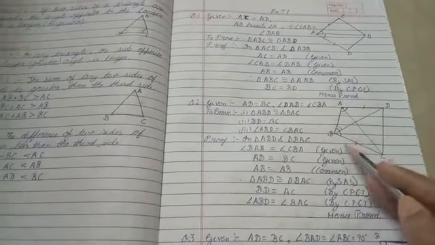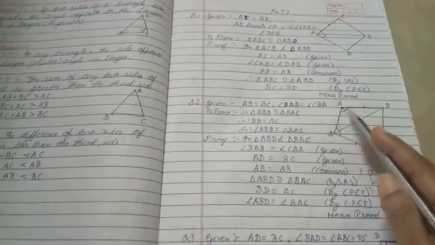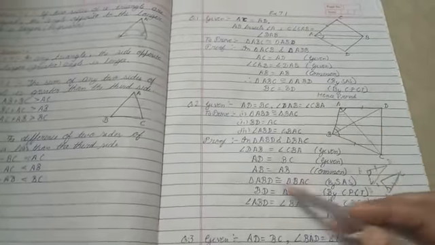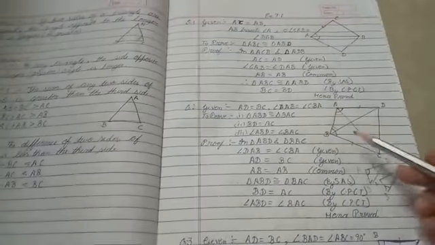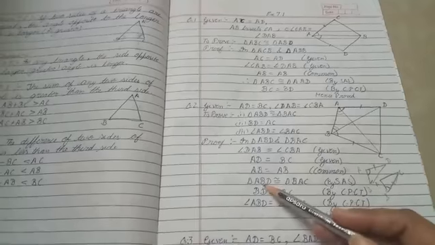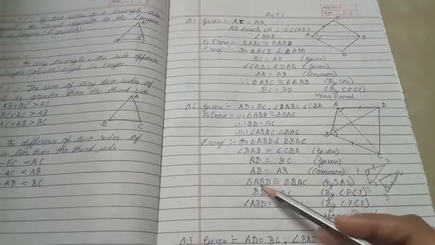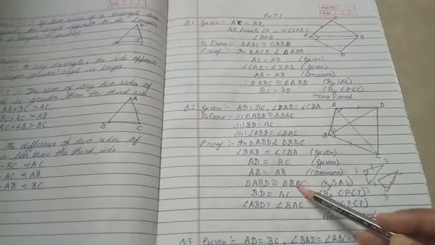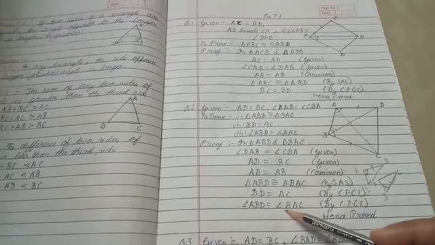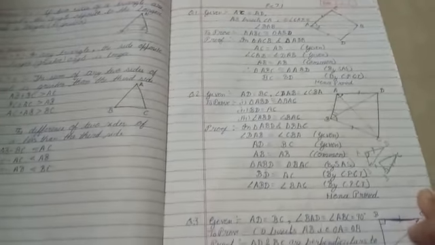So by SAS condition, these two triangles are congruent to each other, and by CPCT we can say that BD is equal to AC and angle ABD, that means B is at the center, so angle ABD is equal to angle BAC by CPCT.